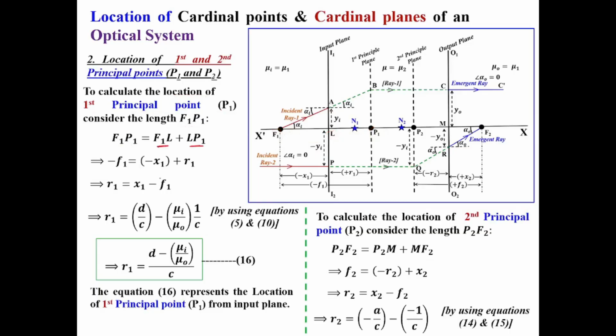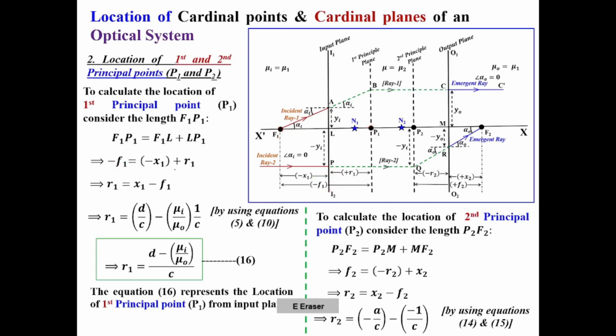F1P1 means from this point to this point, which is nothing but your focal length. If I consider this length from the first principal plane, it will be taken as minus f1. So F1P1, according to the sign convention, is minus f1.